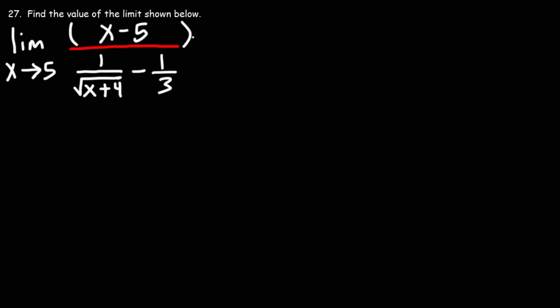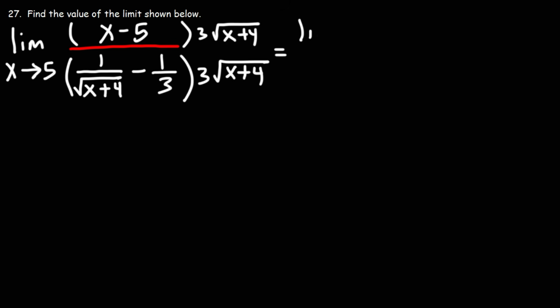Let's multiply the top and bottom of the large fraction using the denominators of the two smaller fractions. So we're going to multiply the top and bottom by 3 square root x plus 4. This will give us the limit as x approaches 5.